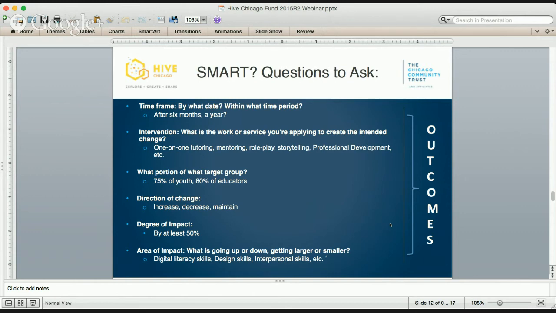I think something interesting, a question that you may have in the direction of change when it comes to maintaining something: what would that mean? As projects scale, as projects grow, let's say someone has applied for a Catalyst grant or a Lever grant.